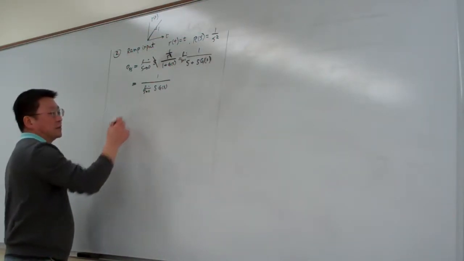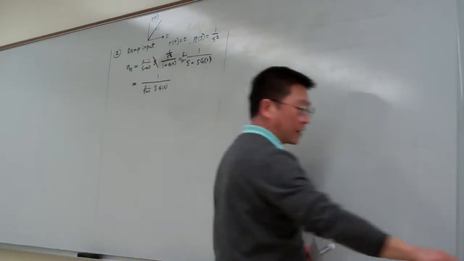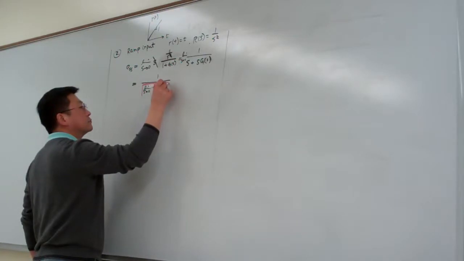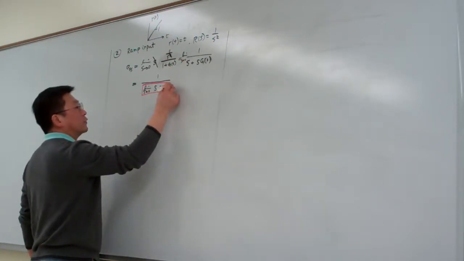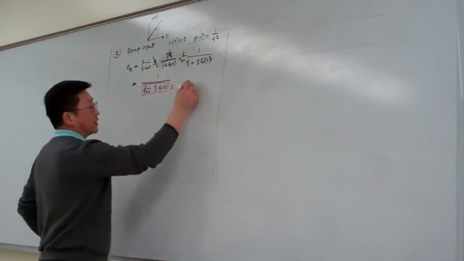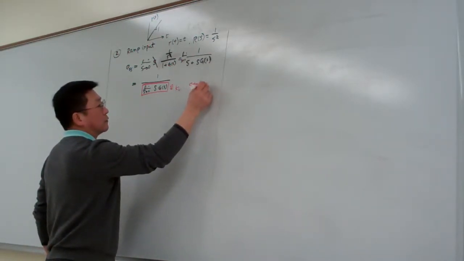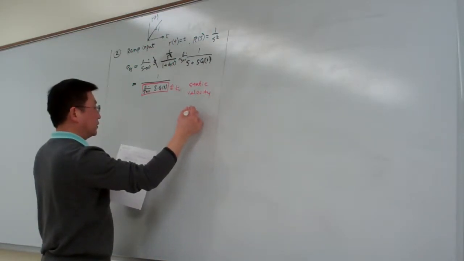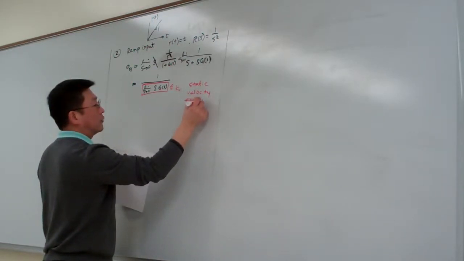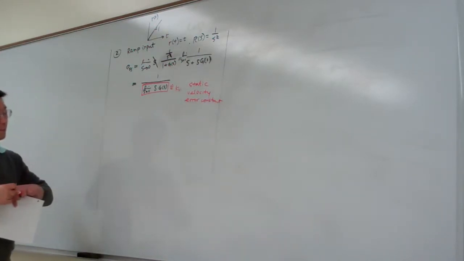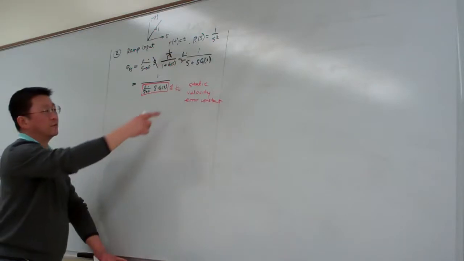Okay, so this term, again, we have another definition. This one we define as Kv, and Kv is called the static velocity error constant. And why do we call it velocity?